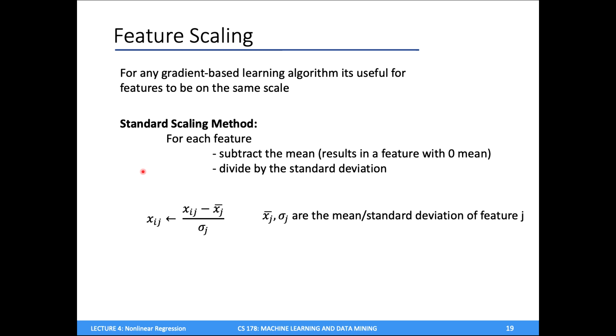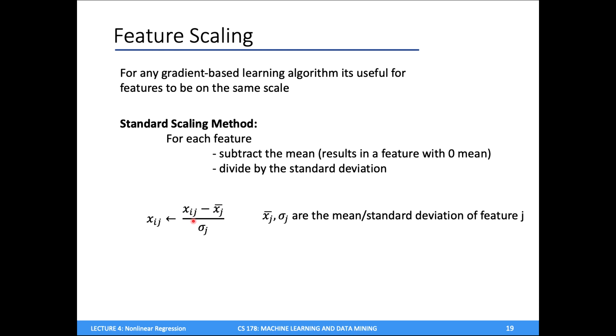Okay, so here's an equation. x_ij is, again, the value for feature x. For data point i and feature j, we take that particular value, x_ij, and subtract off the mean of feature j. In our medical data example, this might be the average age of a patient.